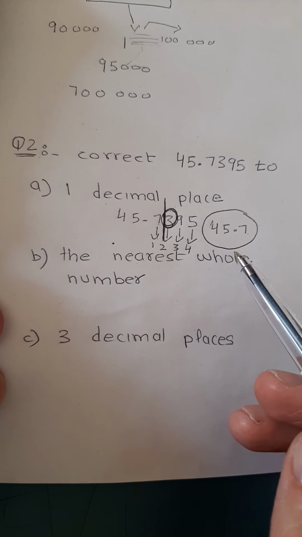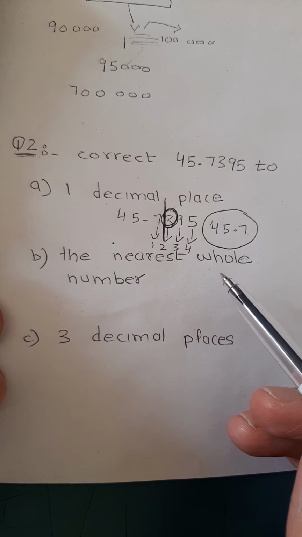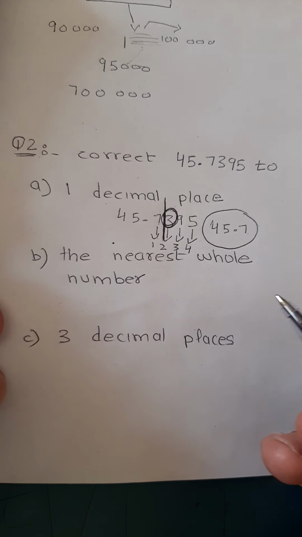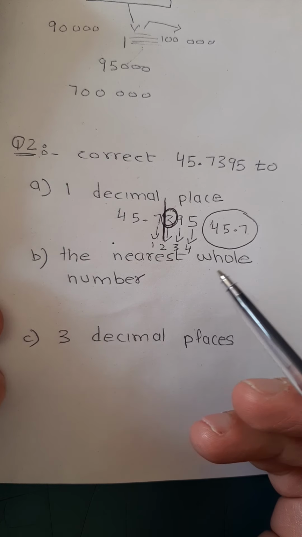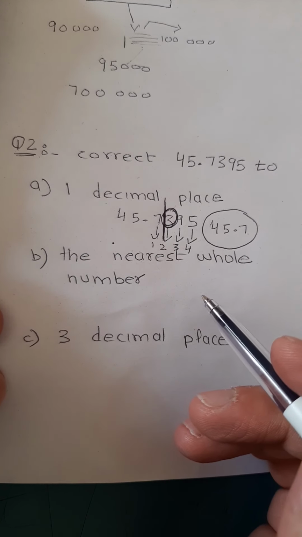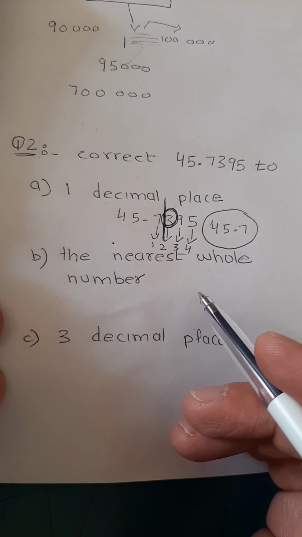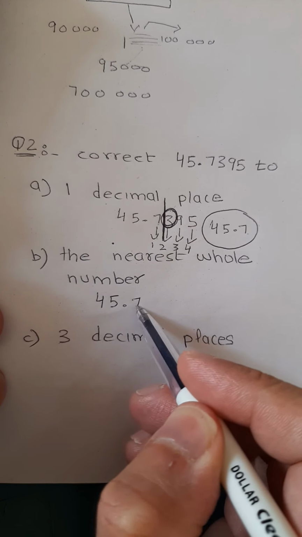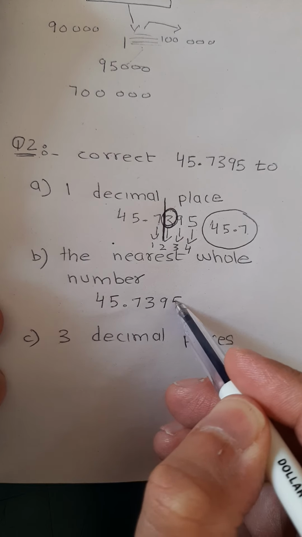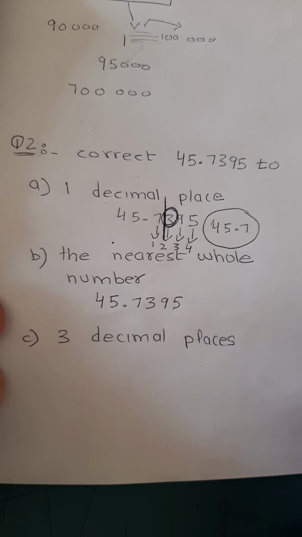As you know, whole numbers are not in decimals. Basically 0, 1, 2, 3, 4, 5, 6, 7, 8, 9, 10, 11, 12, these are the whole numbers. I have to correct 45.7395 to the nearest whole number.